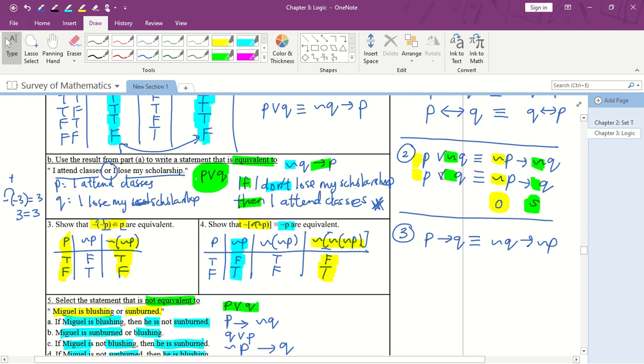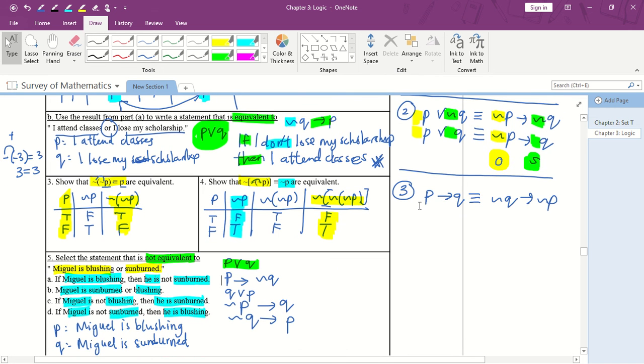When it is an or situation, P will be opposite, Q will be the same when it changes to the conditional. And when a conditional is changing to another conditional, we change the position and we change the negation.